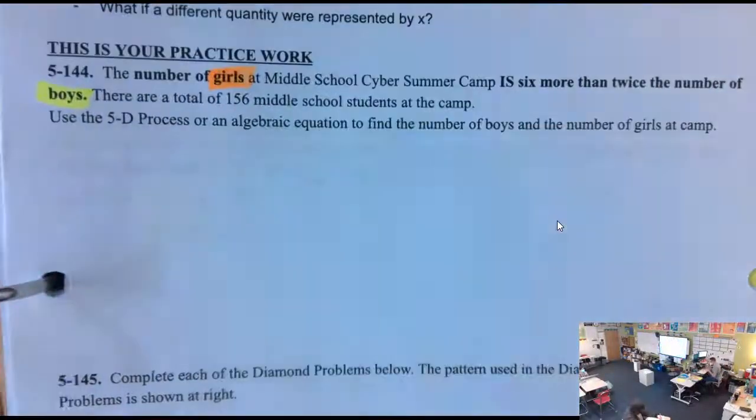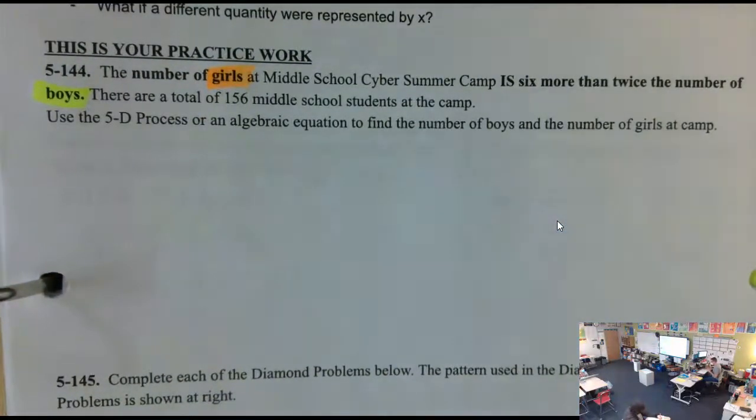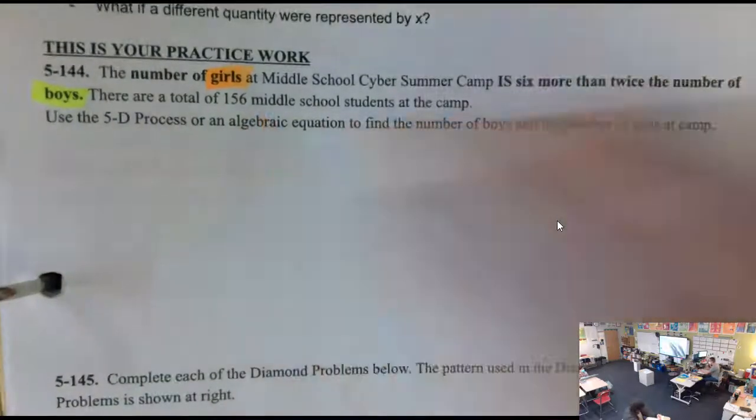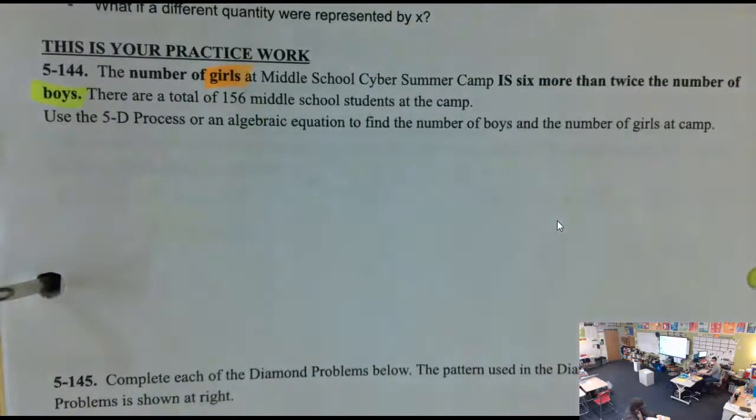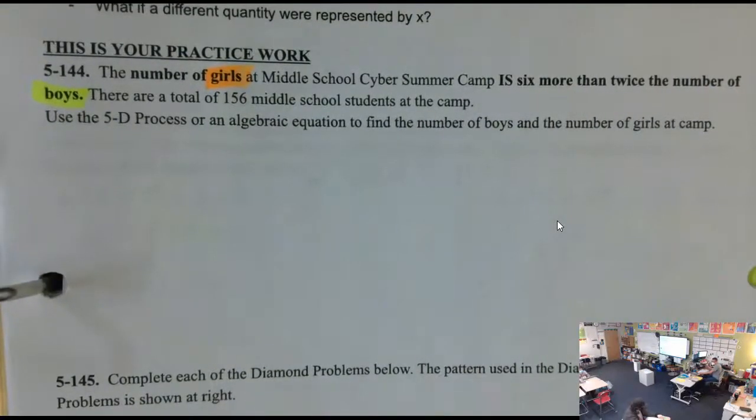Because this textbook was written like 12 years ago. Long enough ago that we still do a lot of boys and girls things. So the variables I'm going to start using are probably going to be B and G, because it makes my brain not work so hard.